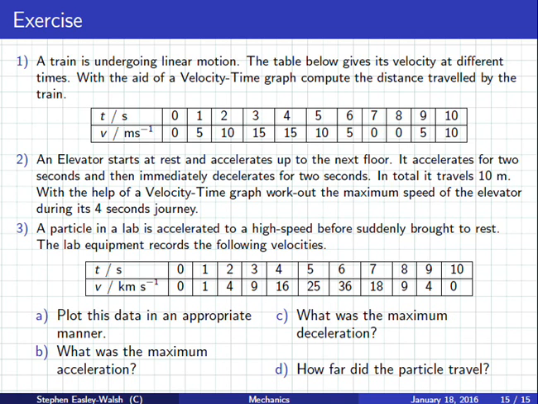Did you make notes on this? Right, so what we have here is a table, and I'd like to plot this table and get the distance, the acceleration, and the deceleration. First, just copy this table, please.